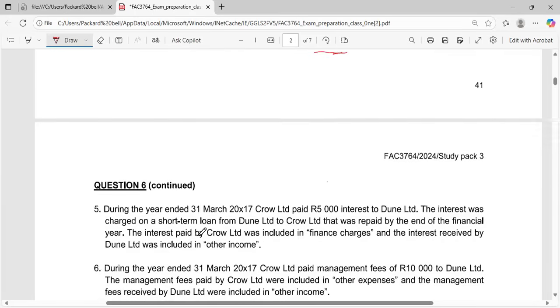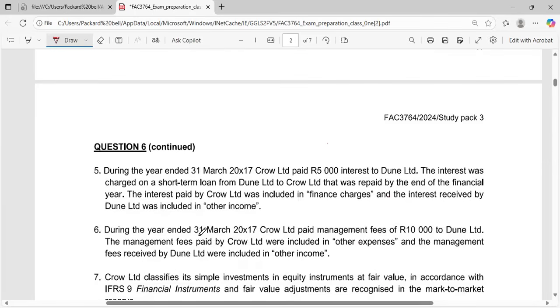Number 5 says, during the year ended 31 March 2017, Crown Limited paid 5,000 interest to June Limited. The interest was charged on a short-term loan from June Limited to Crown Limited that was repaid.